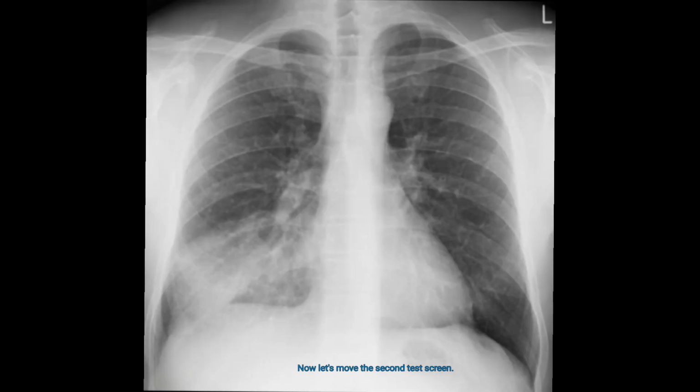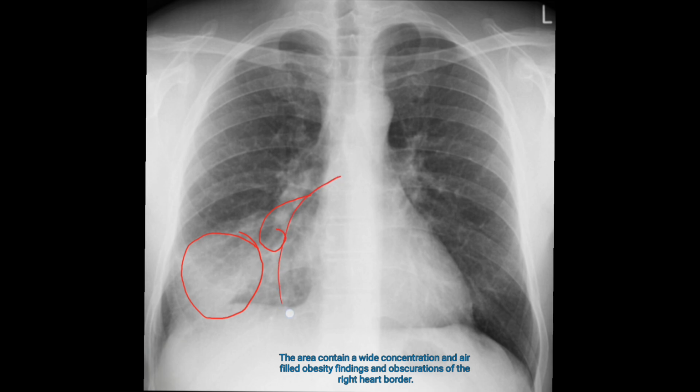Now let's move to the second chest X-ray. In this image, there is a large area of dense white opacity in the middle and lower right lung zones. The area contains white consolidation and air-filled bronchi, with obscuration of the right heart border.